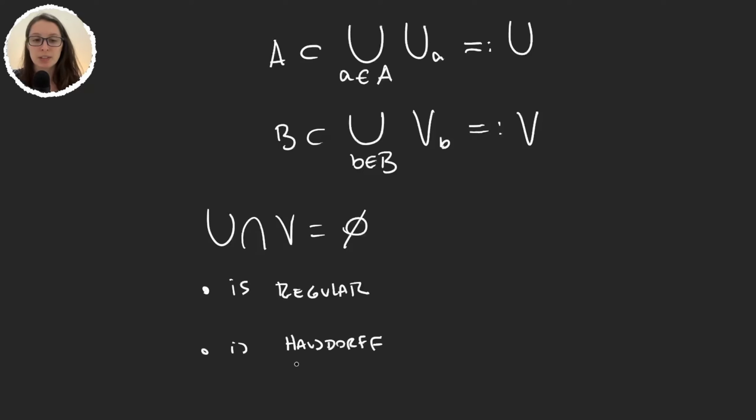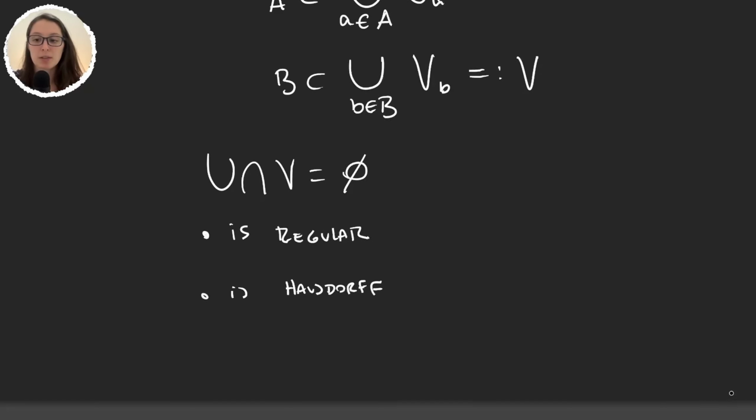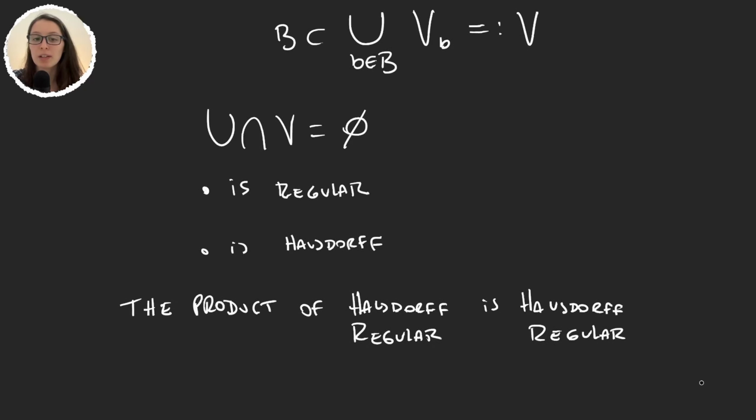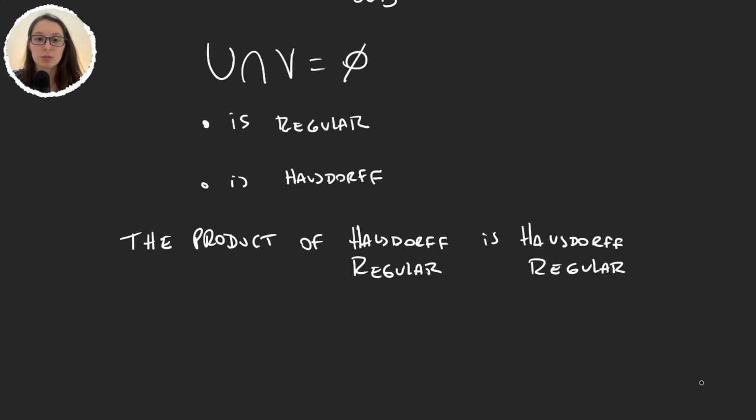Now a particularity that these two types of spaces have is that the product of Hausdorff spaces is Hausdorff and the product of regular spaces is regular. And so because R_L is regular and Hausdorff, then R_L squared, this Sorgenfrey plane that we saw a few videos ago, is regular and it is Hausdorff.